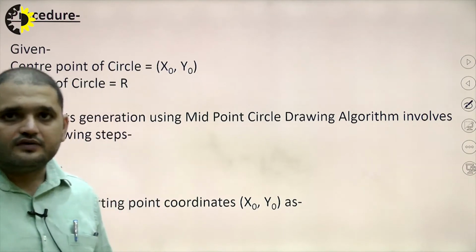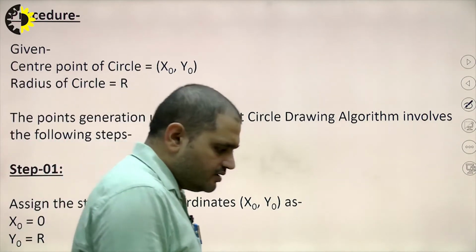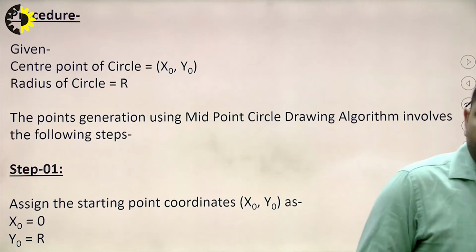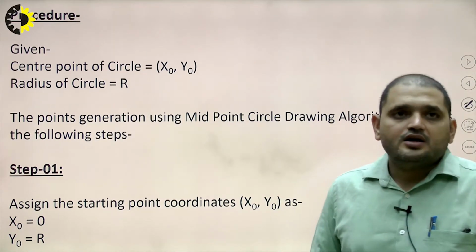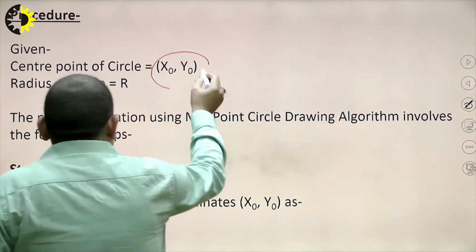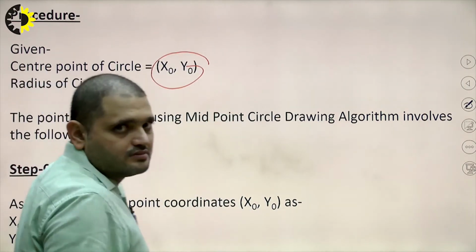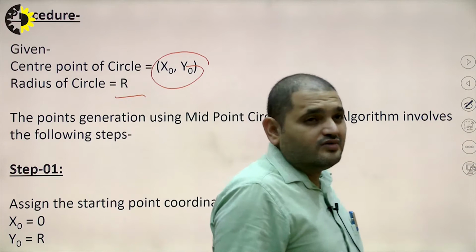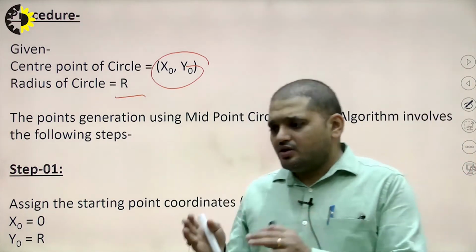So the procedure for generating the algorithm, or finding out the intermediate points on an octant on an arc. First, if the center point is given as x0 y0 and the radius of the circle is given, then in this scenario we will assume that the center is at origin.